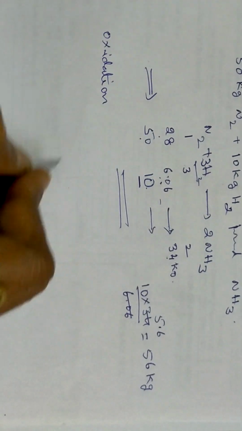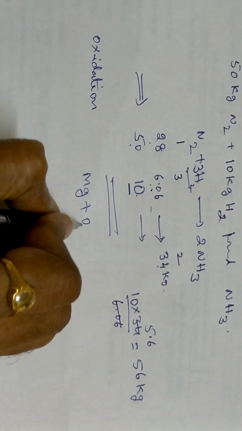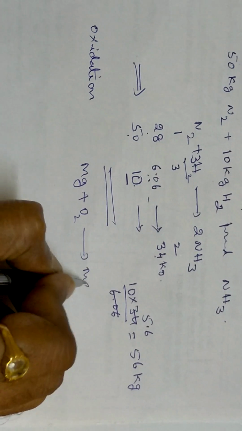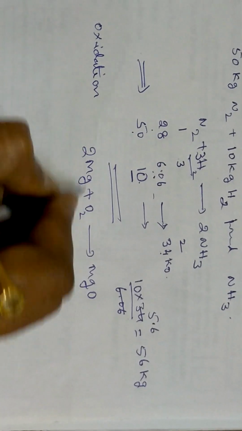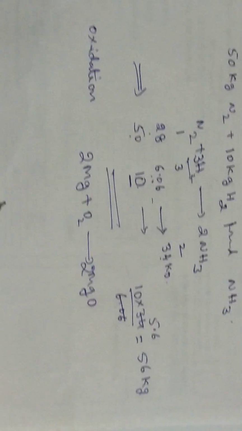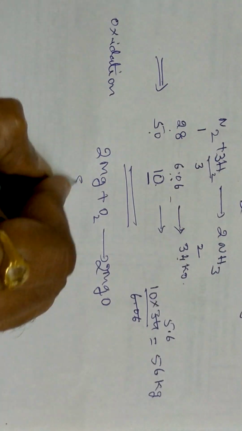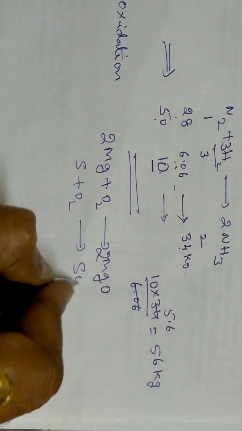Why? Because of the following equations. Magnesium on reacting with oxygen gives magnesium oxide: 2Mg + O2 gives 2MgO, you can balance the equation. Similarly, sulfur plus oxygen gives sulfur dioxide.